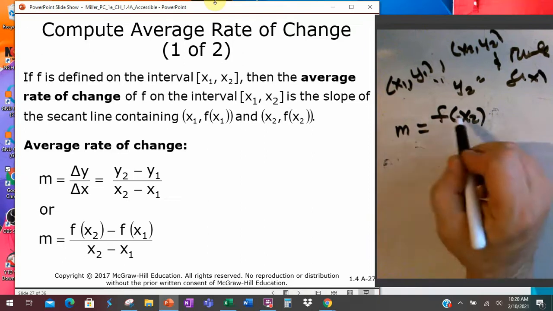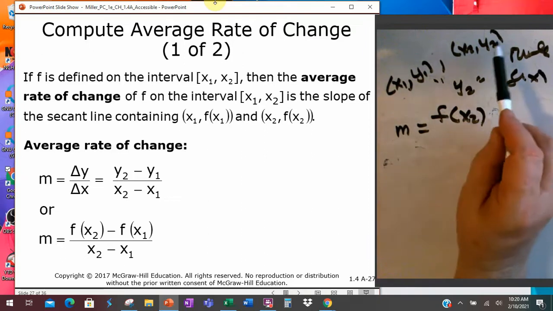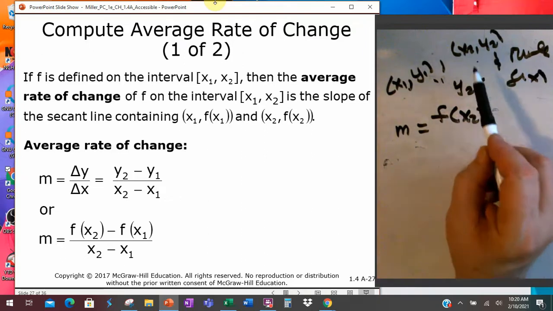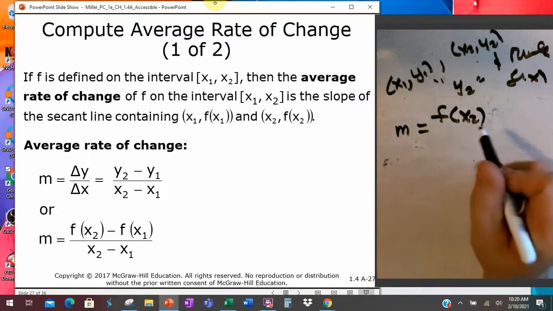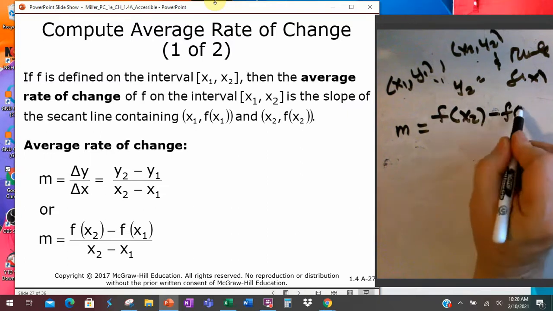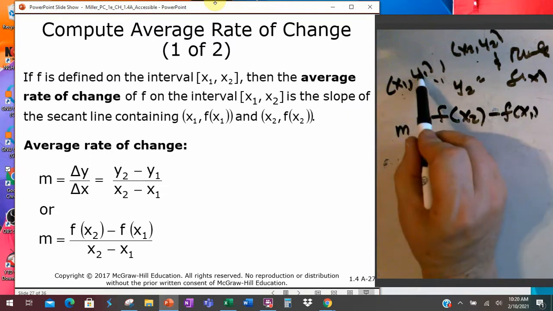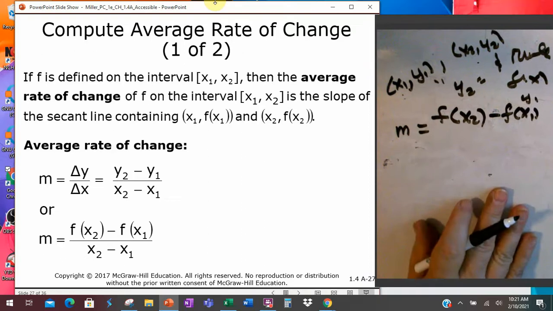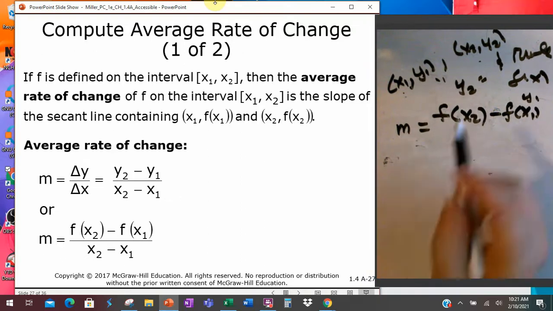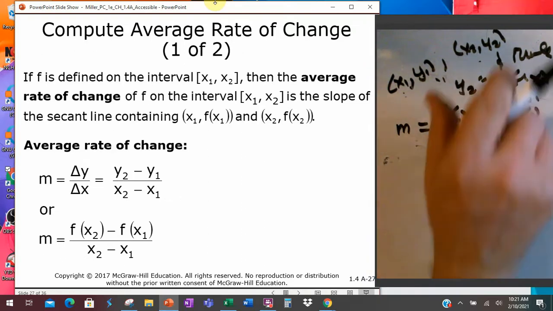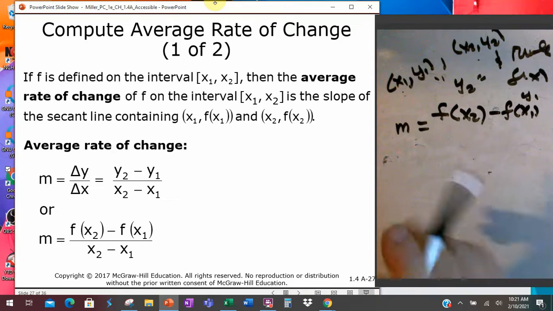I evaluate the function at x2, that gives me y2. I subtract off the value of the function at x1, which gives me y1. I can give you these two numbers and the function, or I can use these two things.